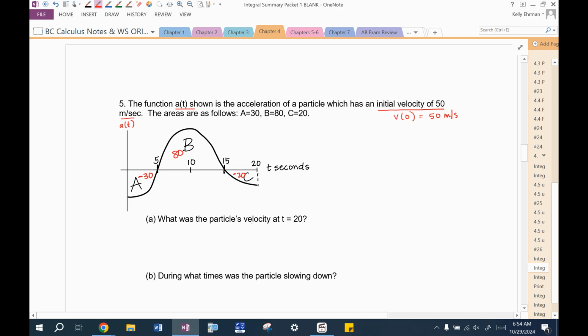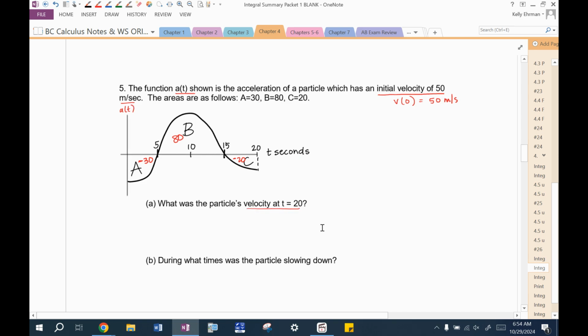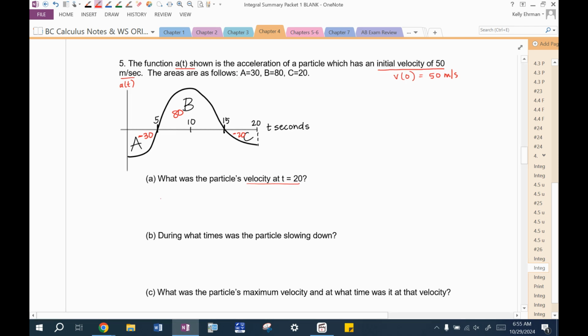What was the particle's velocity at t equals 20? So use the fundamental theorem. You can start at v of 0 because we have that information. We can add the change in velocity from 0 to 20 of a of t dt, and that would land us at v of 20. So v of 0 is 50.